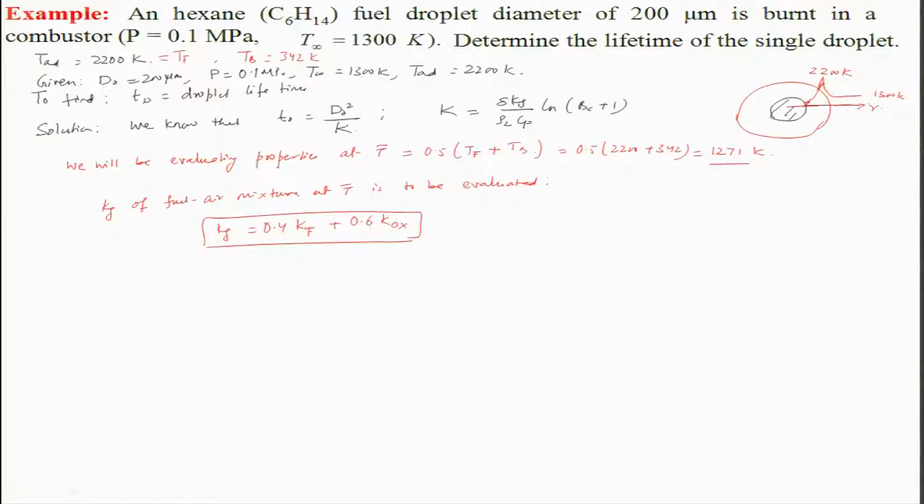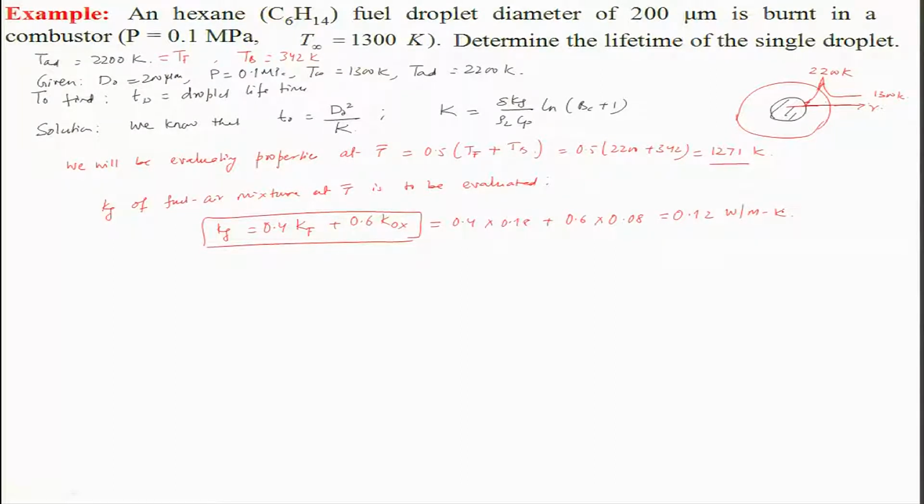Now, these values are not given, but you can get them from a table. I will use directly 0.4 into 0.18 for Kf plus 0.6 into 0.08 for the oxidizer, which here is basically air, and that comes to 0.12 watt per meter Kelvin.